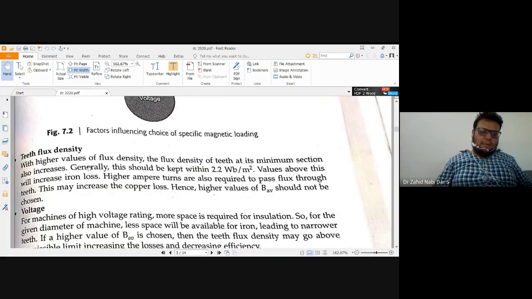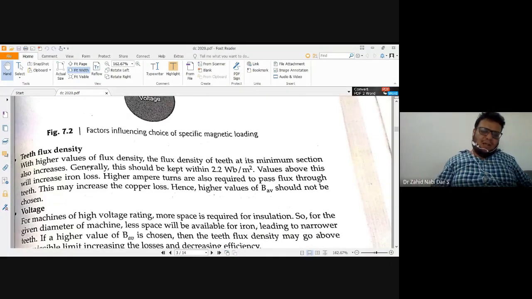If you have a higher flux density, that is flux by area, the flux density of the teeth at its minimum section also increases. This should be kept in the range of 2.2 Weber per meter square. Values above this will increase your iron loss, and if the loss is increased, your efficiency will decrease.